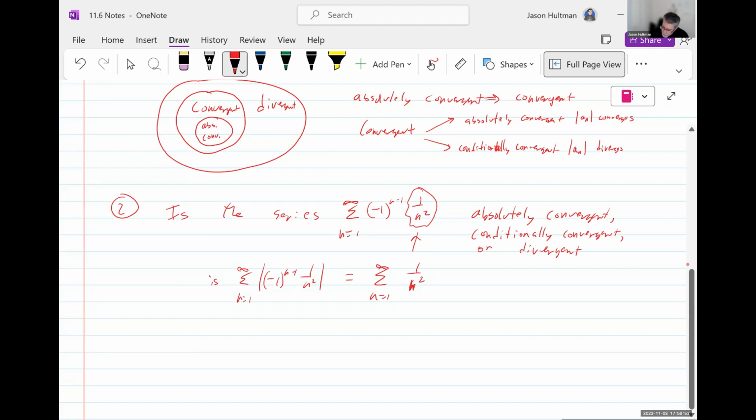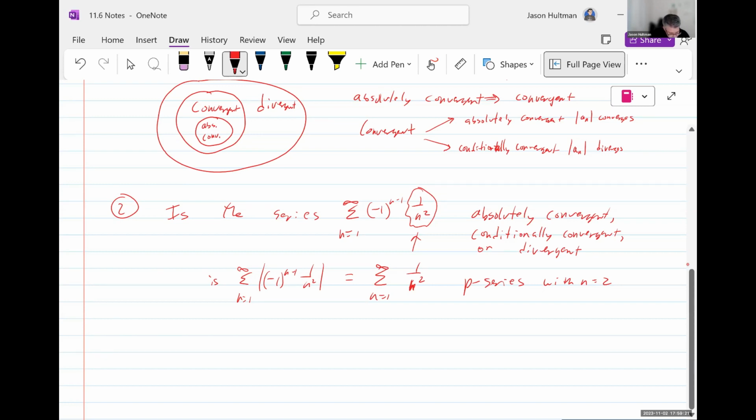And so what do we know about 1 over n squared? It converges. Why? Geometric series. No, it's not geometric. Oh, it's a p-series. It's a p-series with p equal 2.